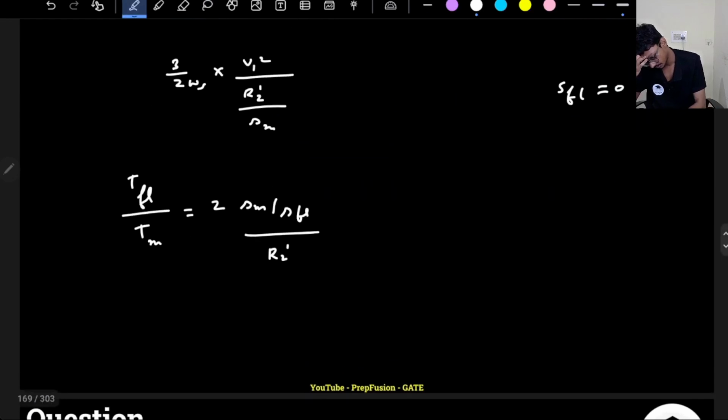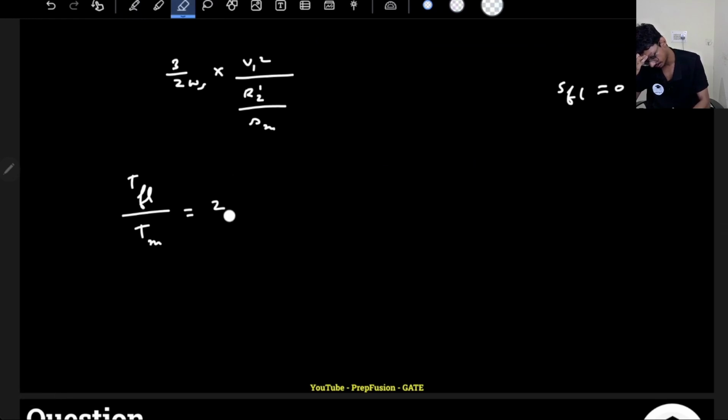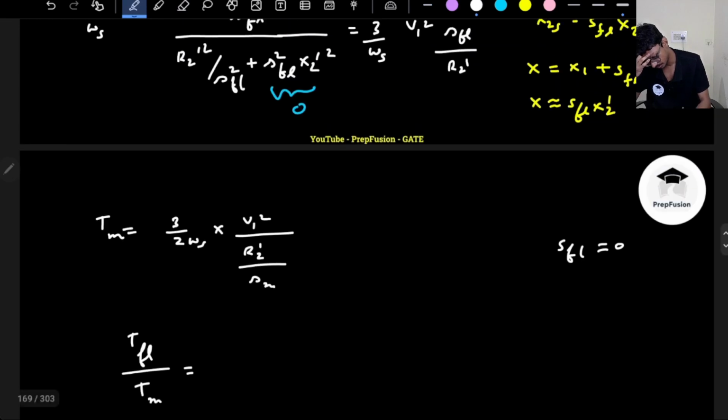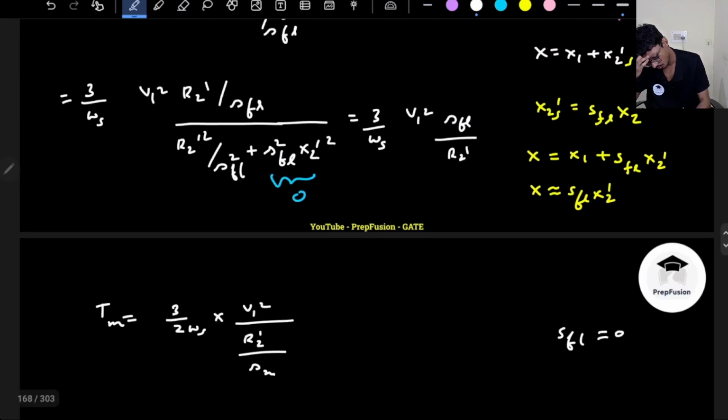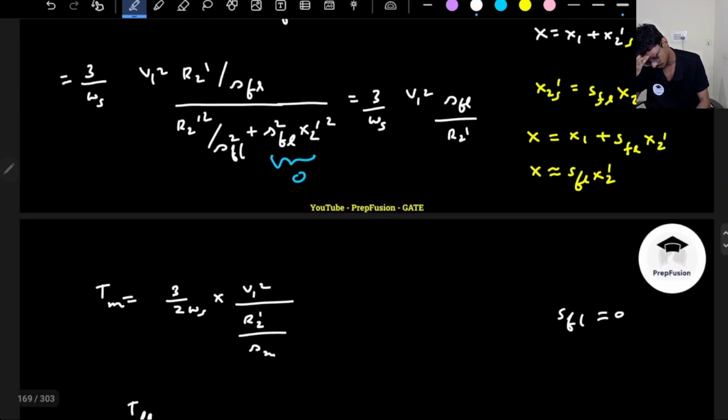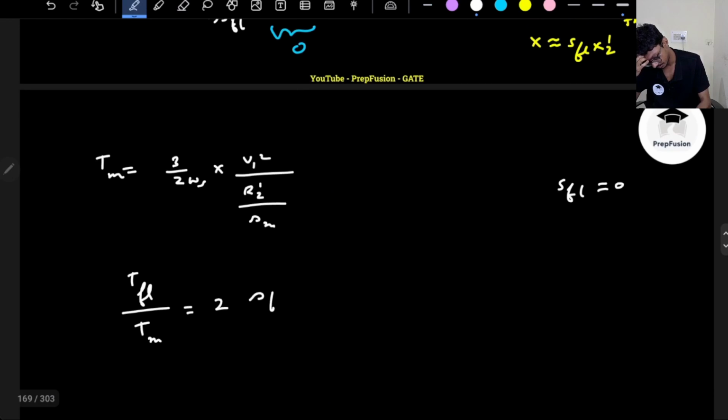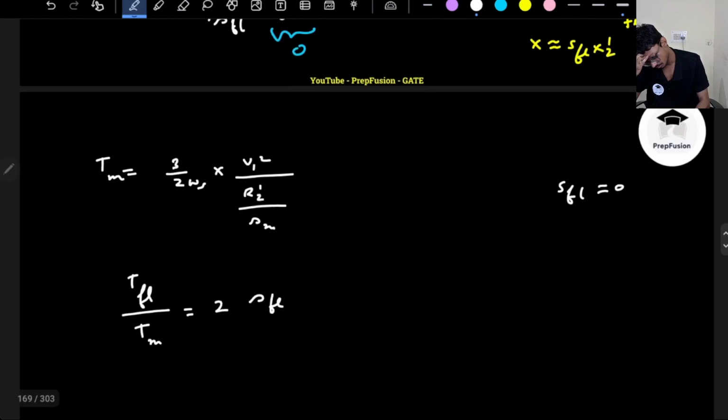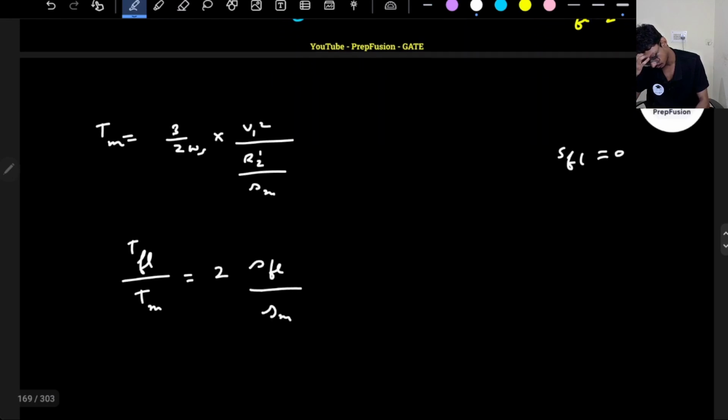So if I take the ratio, V1 whole square will get cancelled, and this will be SFL divided by Sm. So SFL divided by Sm will basically be the derived expression.